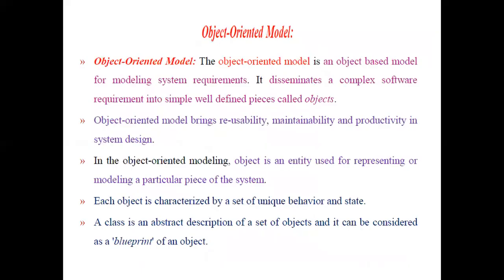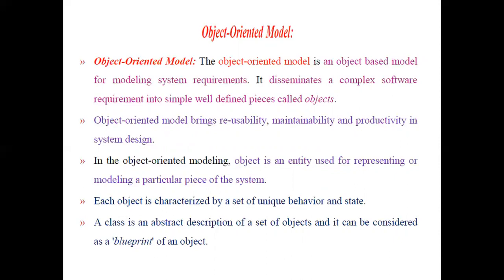So next is the object-oriented model. The object-oriented model is an object-based model for modeling system requirements. It breaks a complex software requirement into simple, well-defined pieces called objects. The object-oriented model brings reusability, maintainability and productivity in system design.